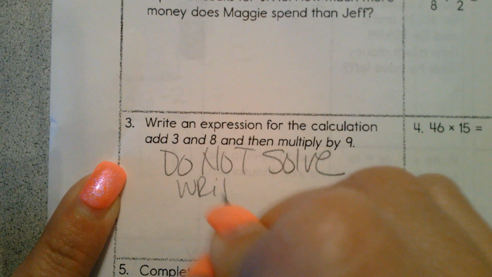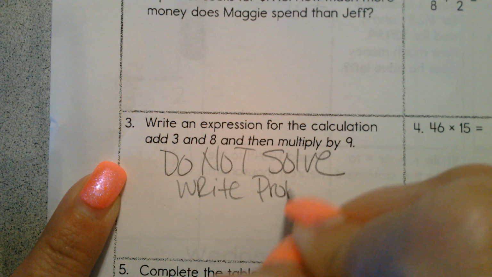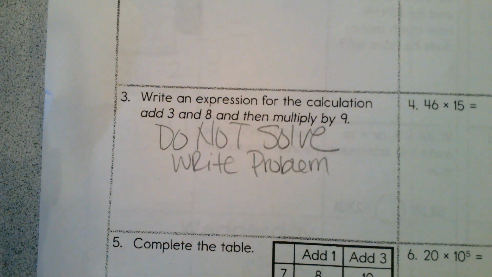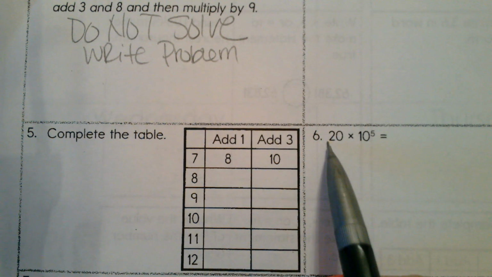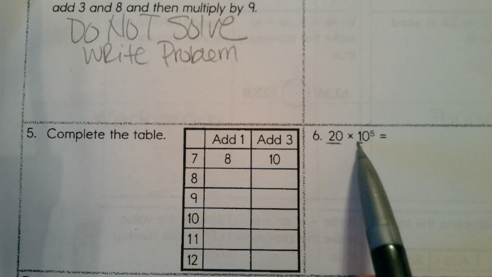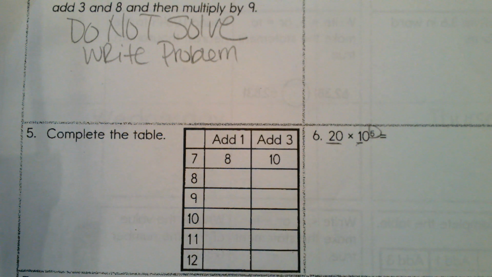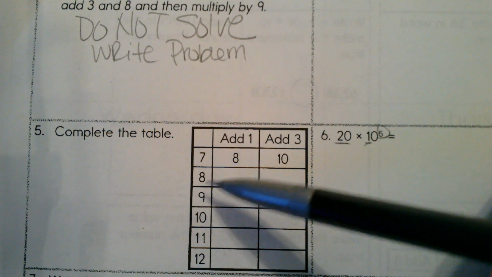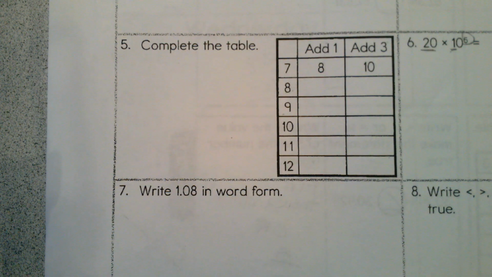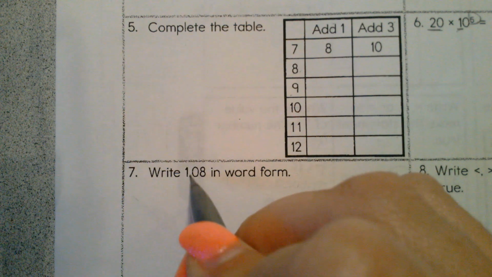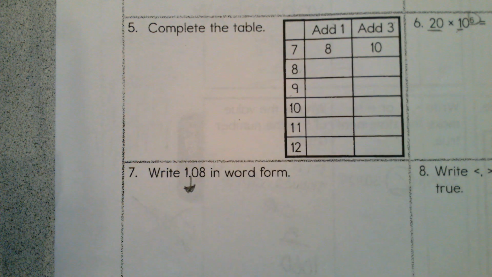Write the problem. All right. Remember, do your basic fact times 1, then add the zeros. This is going to be 8 plus 1 and 8 plus 3 and 9 plus 1 and 9 plus 3 and so on. Word form. Don't forget what this stands for.